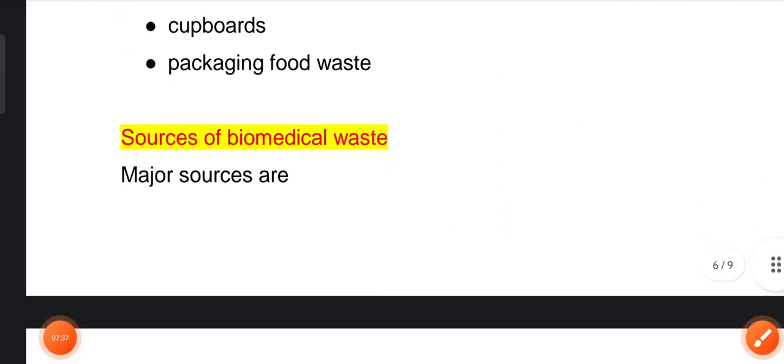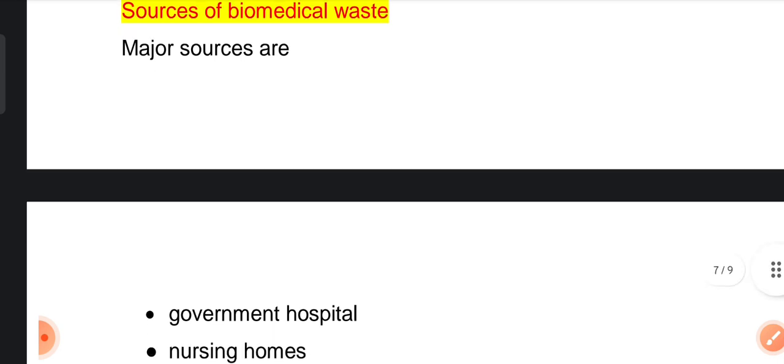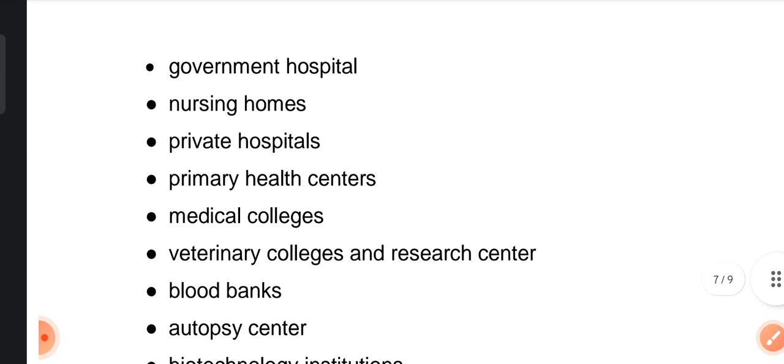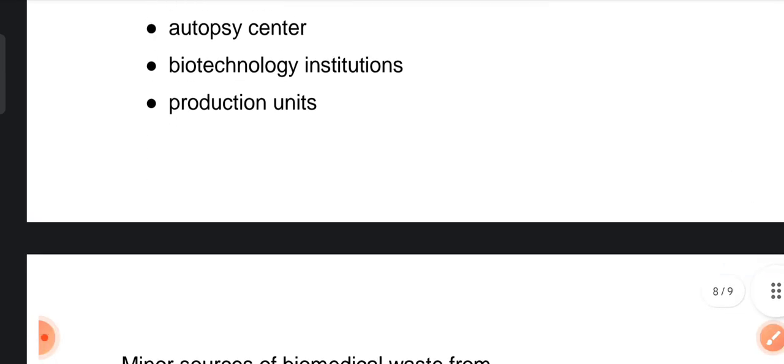So next we will go to the sources of biomedical wastage. Commonly where can we get biomedical wastage? The major sources are government hospitals, nursing homes, private hospitals, private health centers, medical colleges, veterinary colleges and research centers, blood banks, autopsy centers, biotechnology institutions and production units.